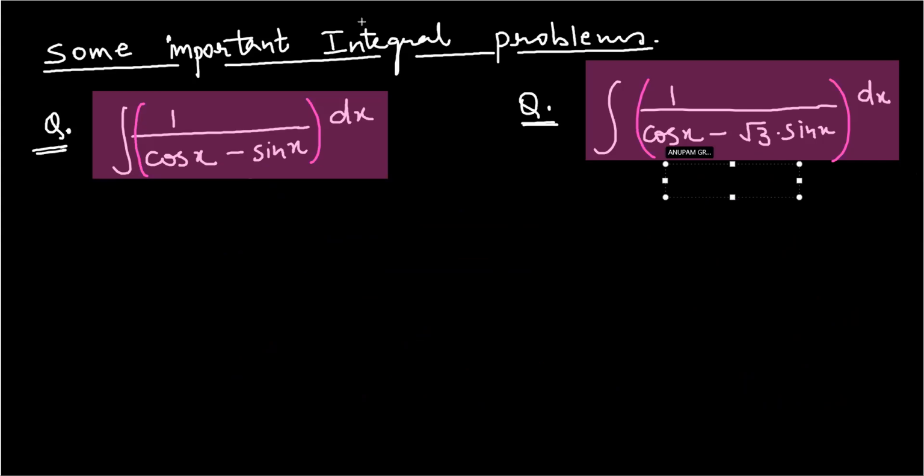There is no non-zero constant here. Because of the absence of a constant, these two problems become very, very interesting problems, and because of which this type becomes a very interesting type.